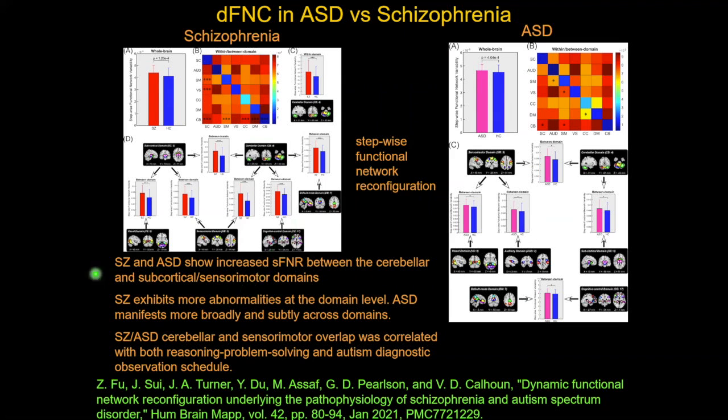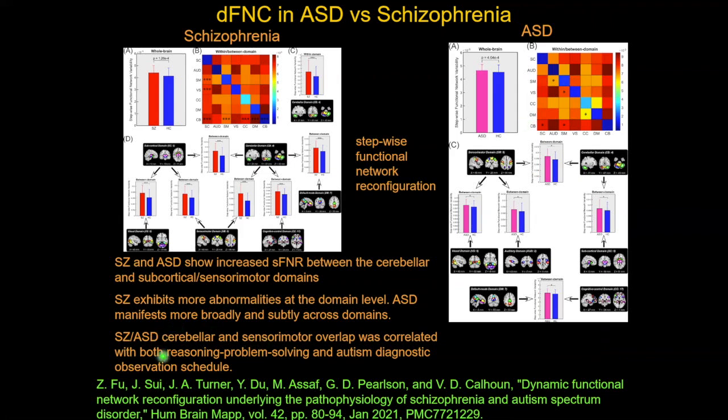You can also see that schizophrenia exhibits strong abnormalities along these lines in the cerebellum, and in the subcortical, where these stars are significant. And then thirdly, you see ASD is a little bit more spread across domains, and also not quite as strongly significant.